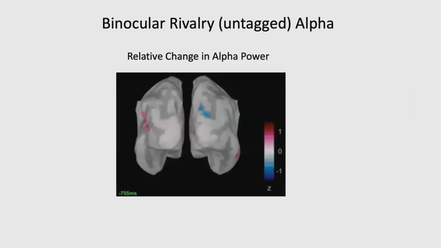Just for fun, I have a little movie here to show you the alpha unfolding. I thought this had value because it's quite evident, at least at the level of our source localization, that the alpha power seems to be a sort of feedback. You can see it starting early in the parietal regions, and also a little bit in ventral temporal, and feeding back to V1.